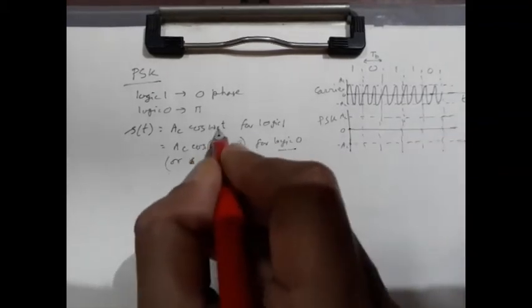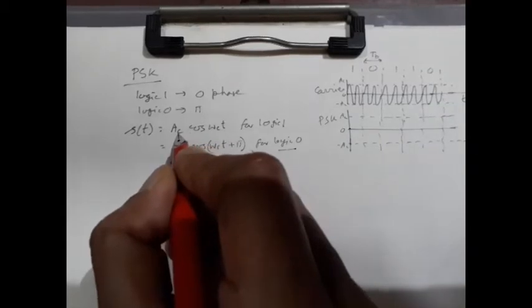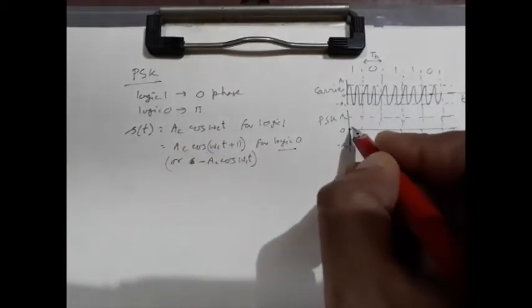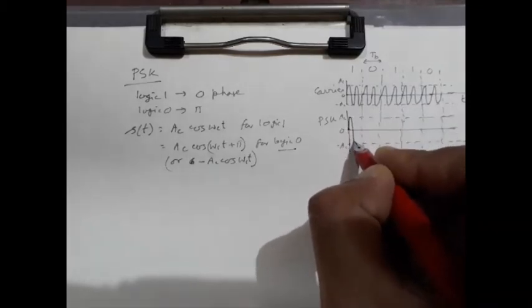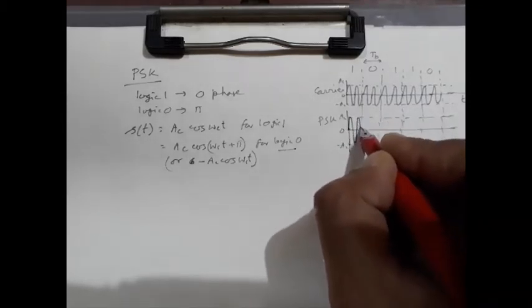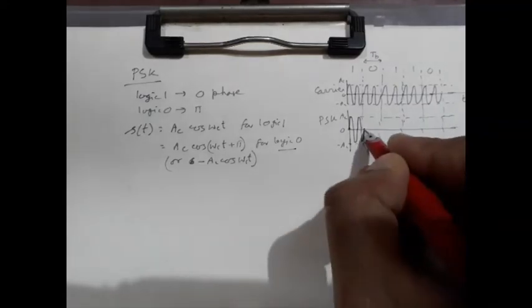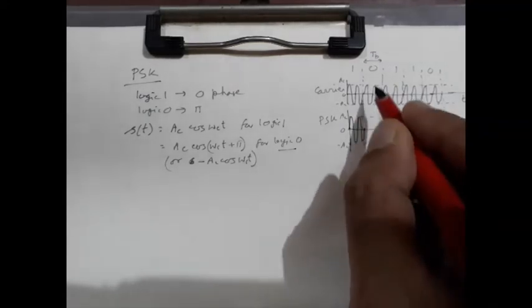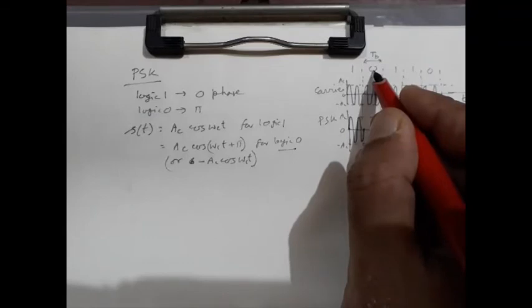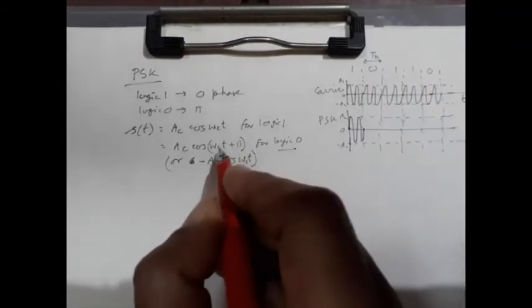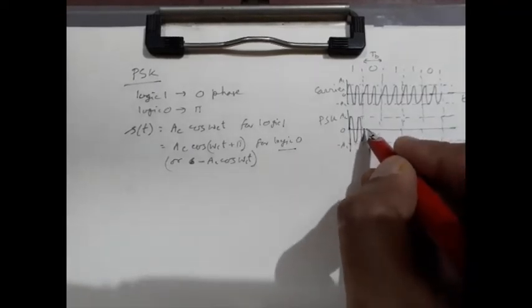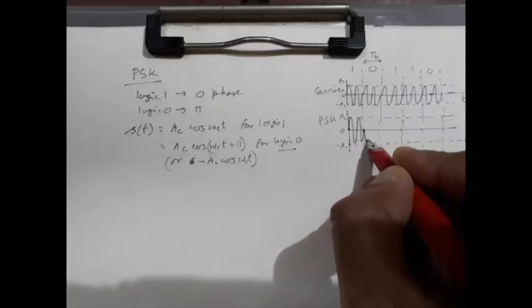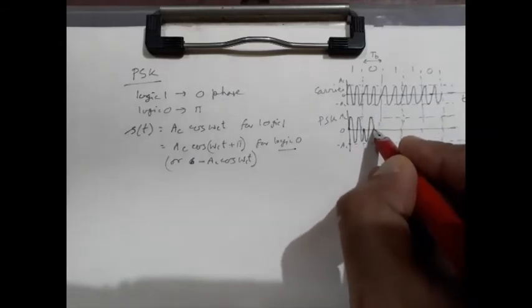So there will be no change in this carrier. Amplitude will remain same. Next bit is 0. 0 will be represented by the phase of pi, that means minus AC cos omega ct. So instead of starting from the positive polarity, it will start from the negative polarity, like this.